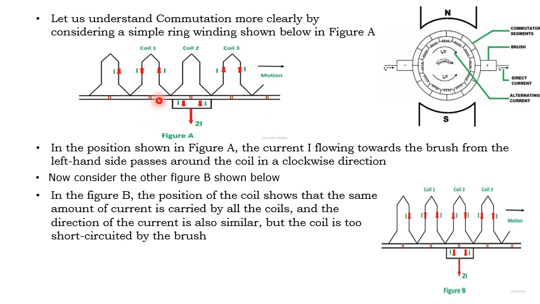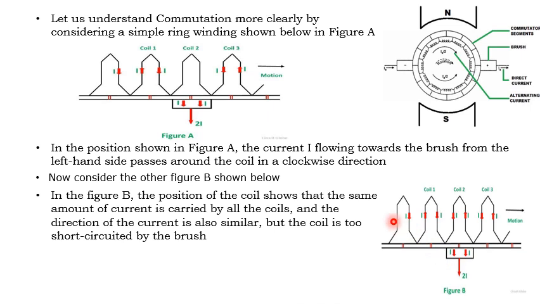Now this is in case of figure A. Now consider figure B. In case of figure B, the position of the coil shows that the same amount of current is carried by all the coils, and even the direction of the current is similar. But the coil is short circuited by the brush.